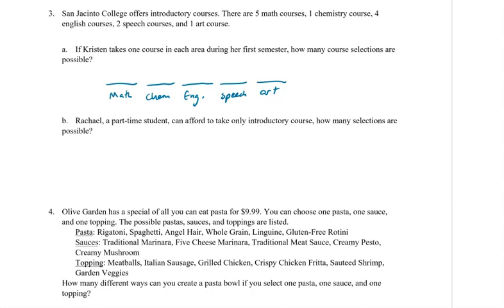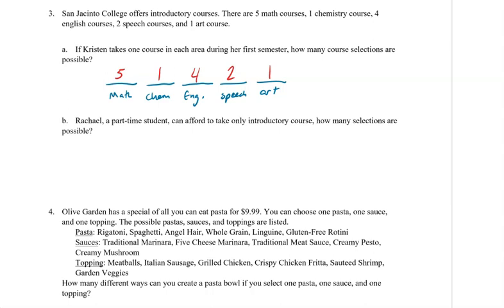So if she wants to take 1 of each, how many possibilities does she have for each? Well, there's 5 math courses, so she has 5 possibilities there. Only 1 chemistry course, so 1 possibility. 4 English courses, 2 speech courses, and 1 art course.